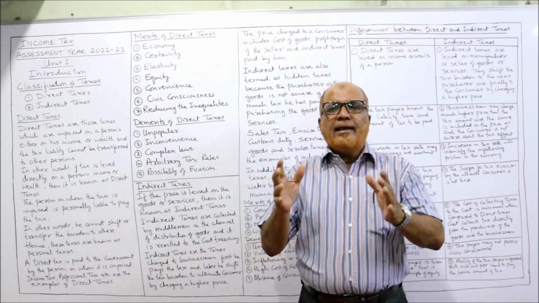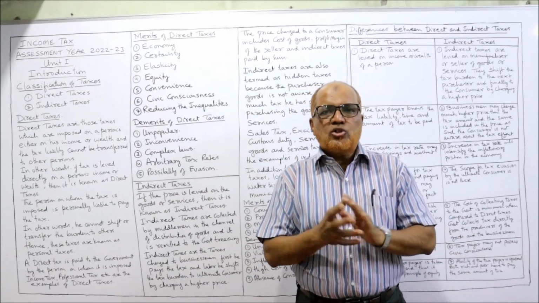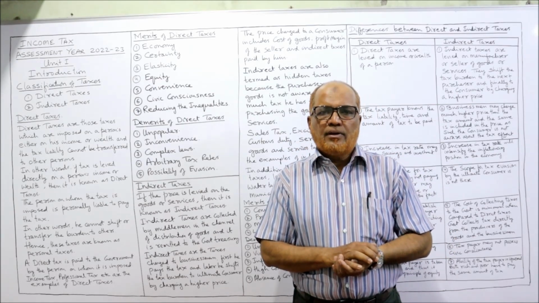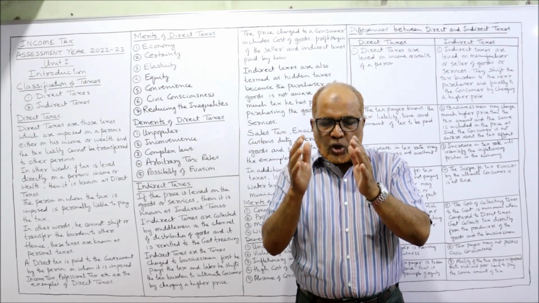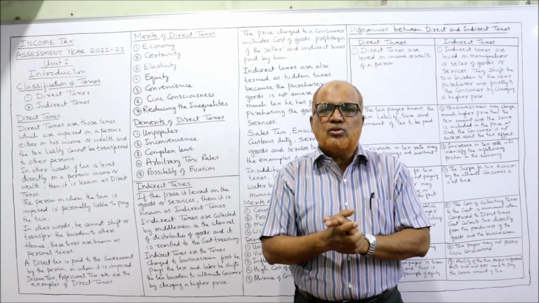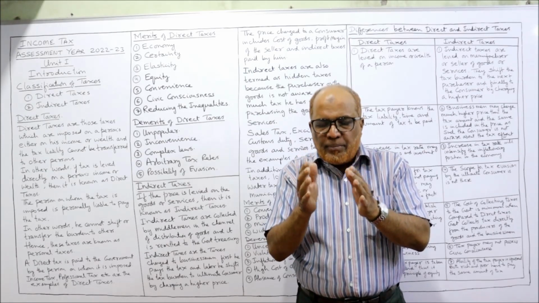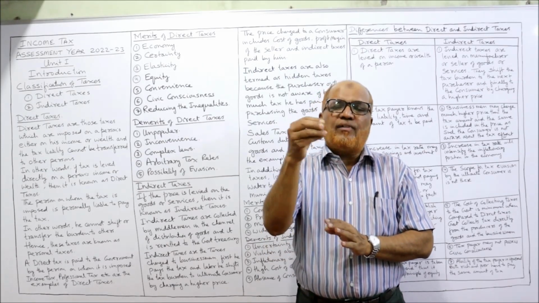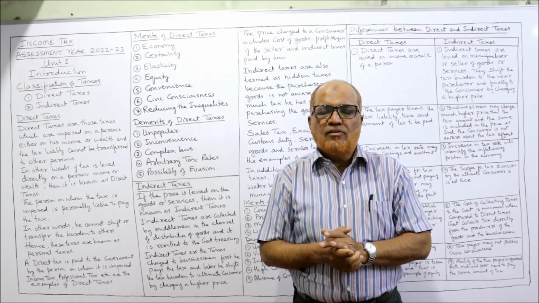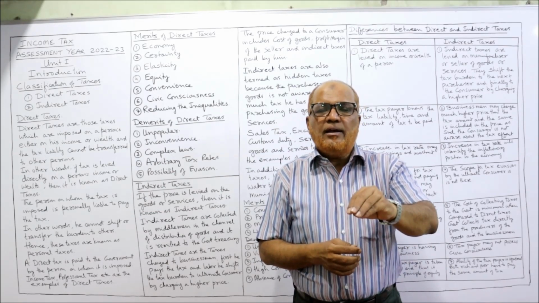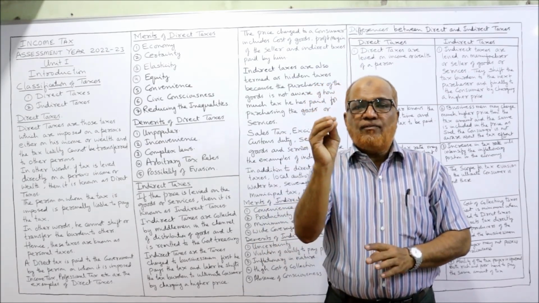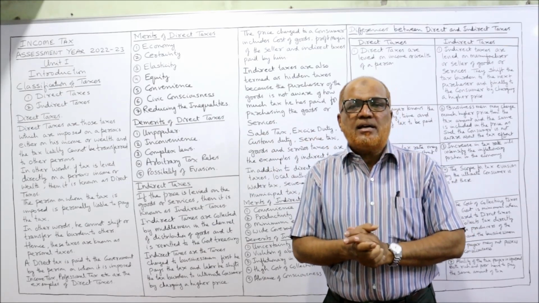Example, an electronic shop. The electronic shop has purchased the AC, air conditioner, for rupees 35,000. So the buyer, the shop owner, the businessman has purchased the AC for 35,000 and has charged some 2,000 rupees as his profit, 37,000, and 5,000 rupees taxes, 42,000. He is collecting 5,000 rupees tax on each air conditioner.